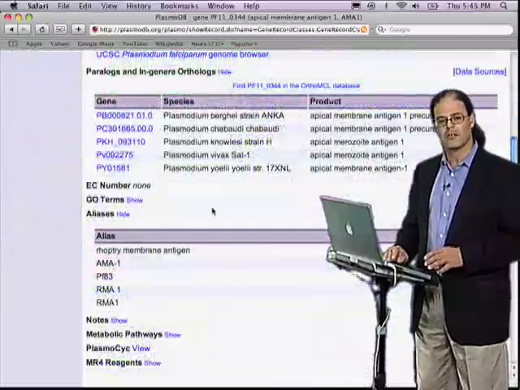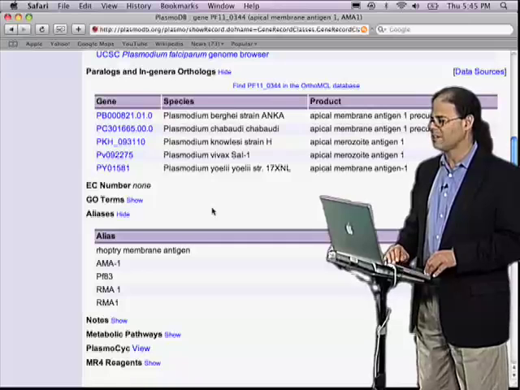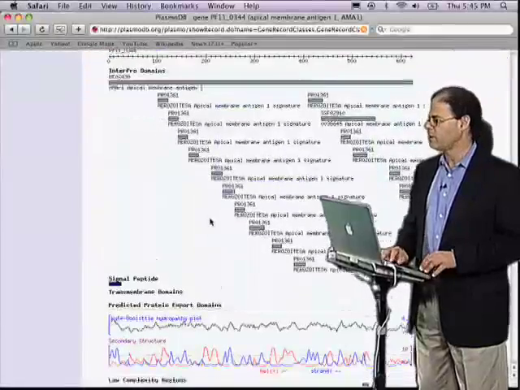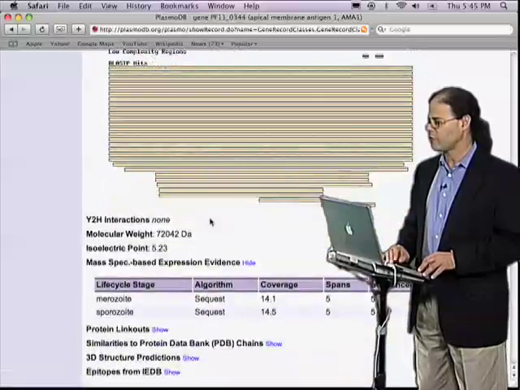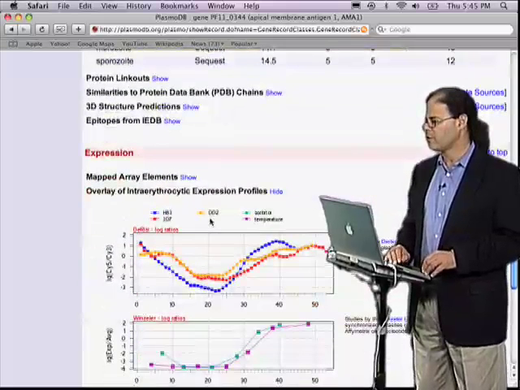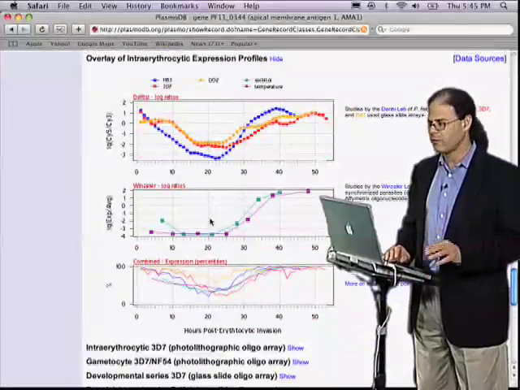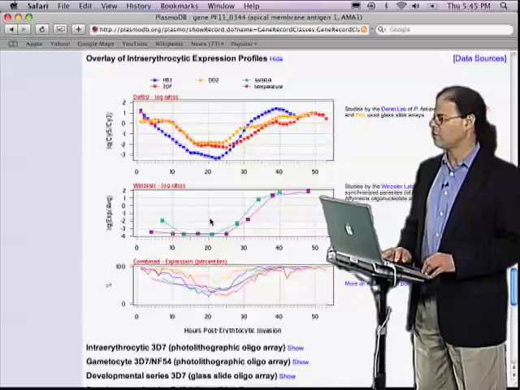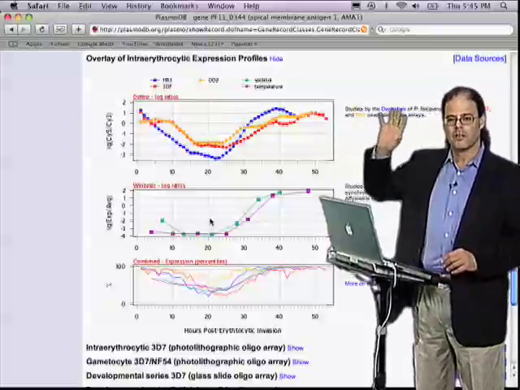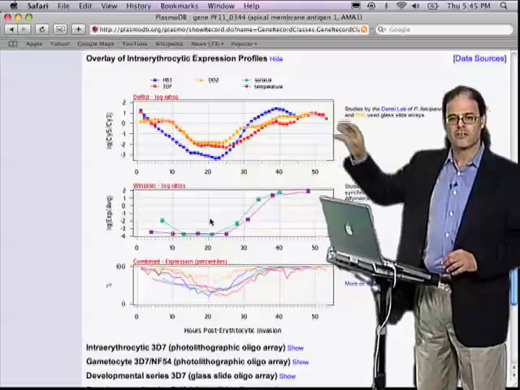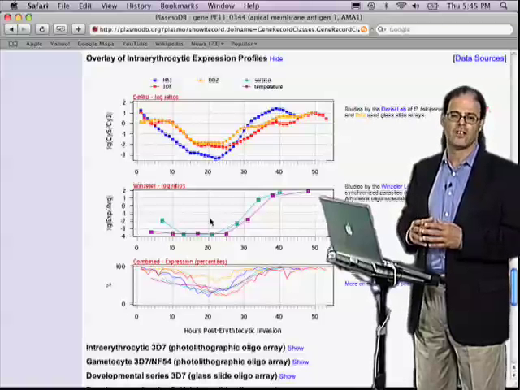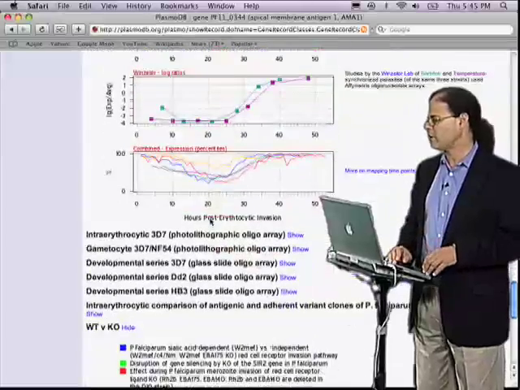We can see user comments which have been entered providing additional information on these genes, links to a variety of other gene pages, protein features which have been identified by a variety of means, predicted structural information, proteomic data indicating that there's evidence for expression at the protein level, and microarray analysis on several different platforms indicating that this gene is most abundantly expressed late in the intraerythrocytic life cycle, as one might expect for a gene that is present in merozoites, the extracellular stage that one might want to target in a vaccine that would be effective against the disease-causing stage of malaria parasites.